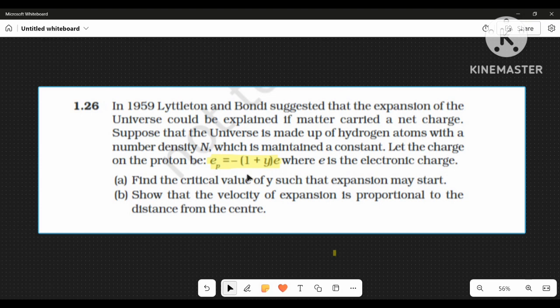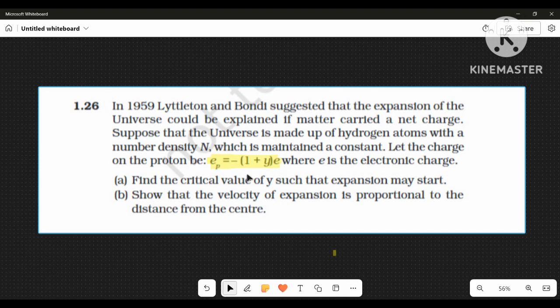Now, suppose that the universe is made up of hydrogen atoms. They have simplified things by giving the basic fundamental constituents of their universe as hydrogen atoms. So their universe is filled up with hydrogen atoms, which have a number density n, which is maintained a constant.